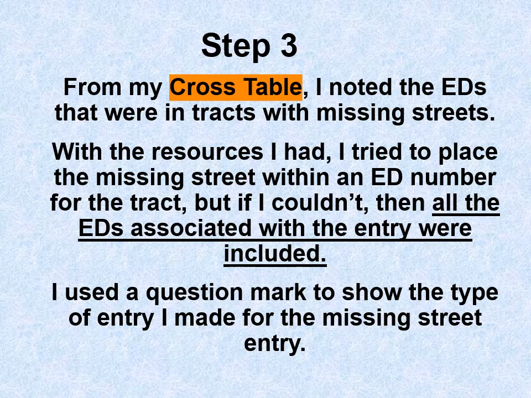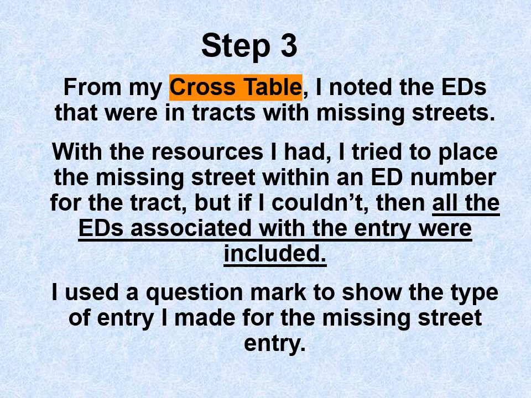So step 3. From my cross table, this is why the cross table becomes so useful, I noted the EDs that were in tracts with missing streets. And with the resources I had, I tried to place the missing street within an ED number for the tract, but if I couldn't, and I tried to narrow the number that this happened, then all the EDs associated with the entry were included.